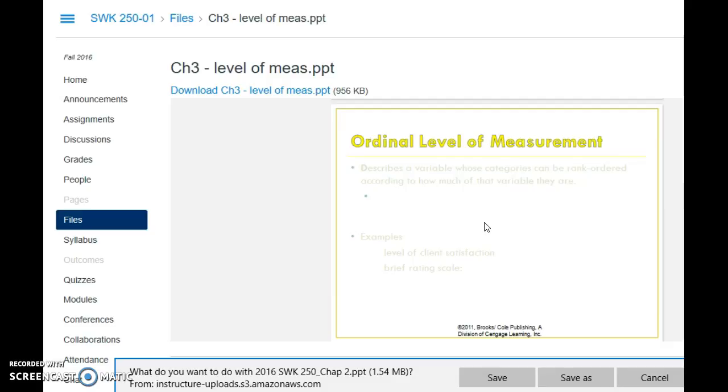So for instance, the order of sequence is important. For example, class status, freshman, sophomore, junior, and senior. It would need to go in that order. You can also go from high to low, senior, junior, sophomore, and freshman. But you can't go from freshman to senior to sophomore and so forth, okay? Because it doesn't make sense.